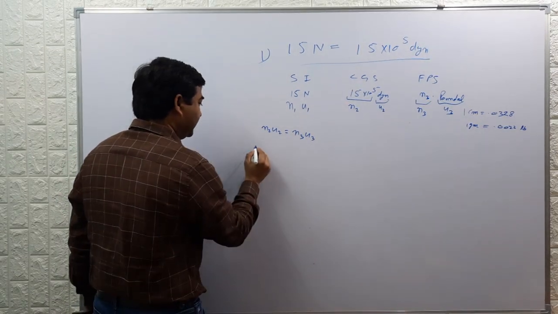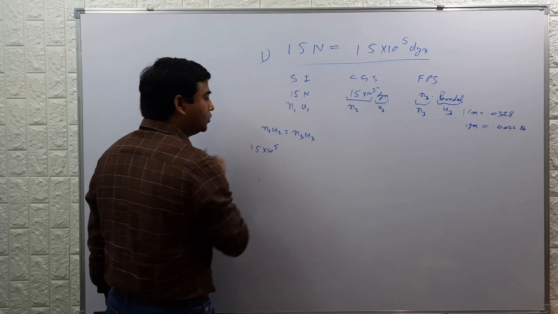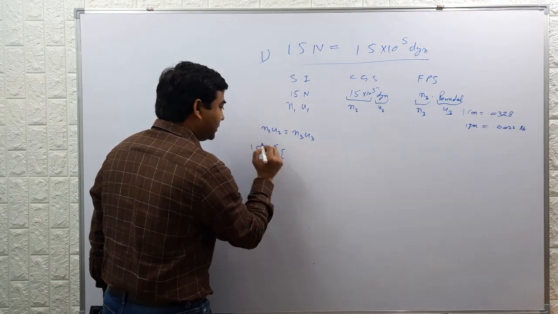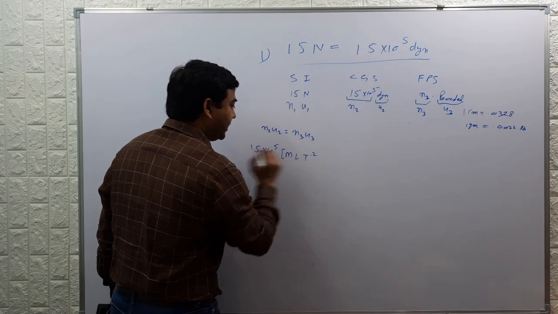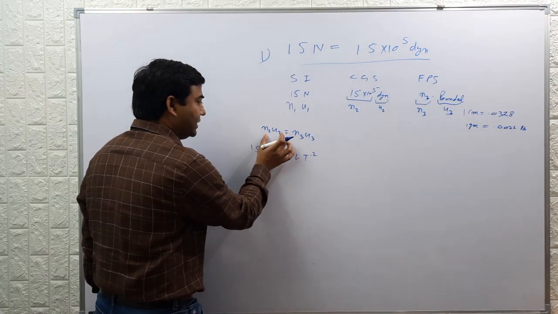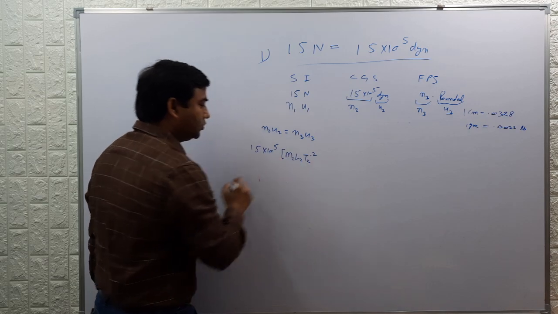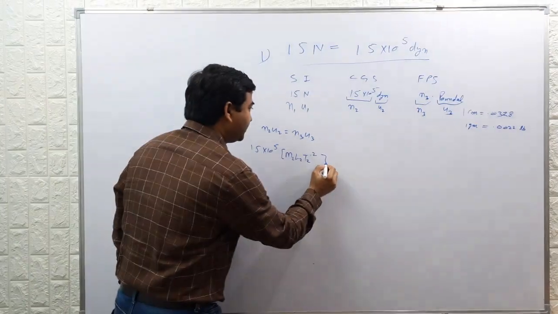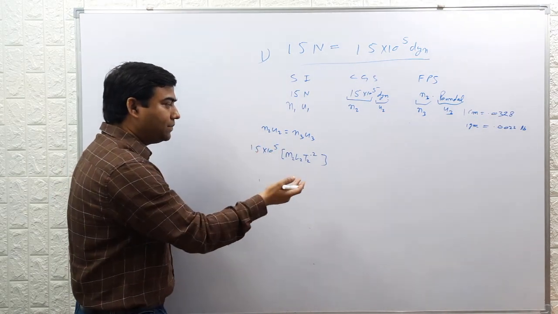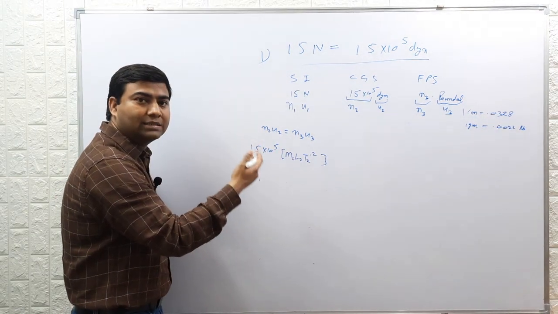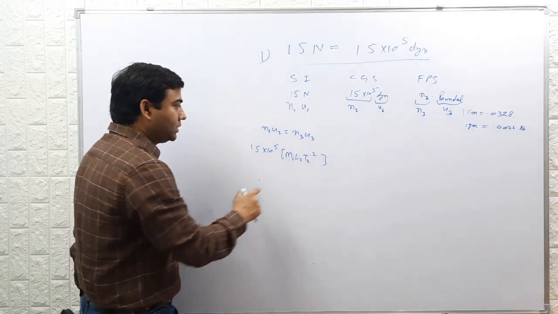N2 is 15 into 10 to power 5. U2 is M L T minus 2. So here it was M2 L2 T2 in CGS system, as we have marked the units of mass, length and time as M2 L2 T2.